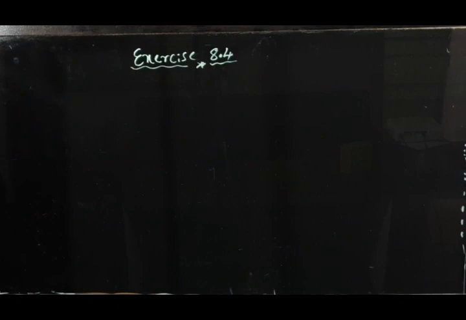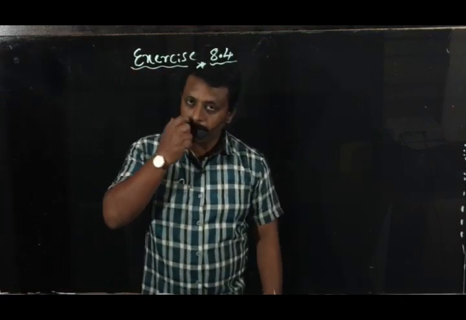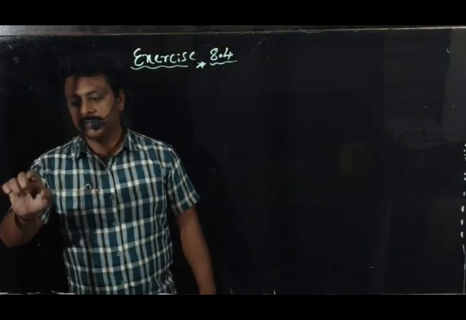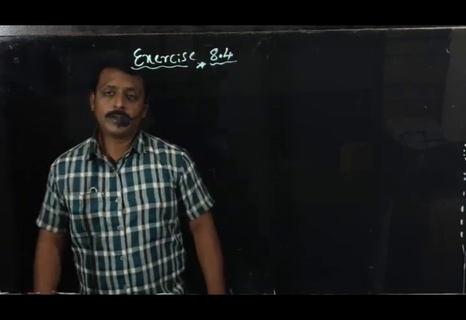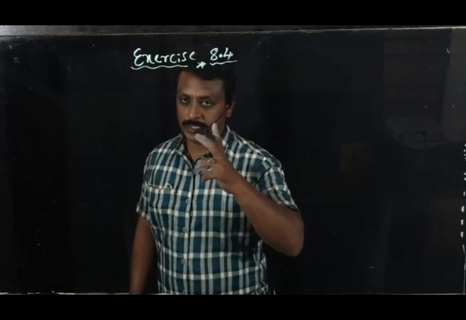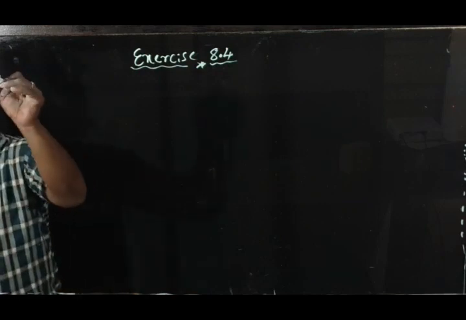We already finished the first two. This is the last chapter on which you are going to write your second unit test. So now I am going to take you to the fifth main question.